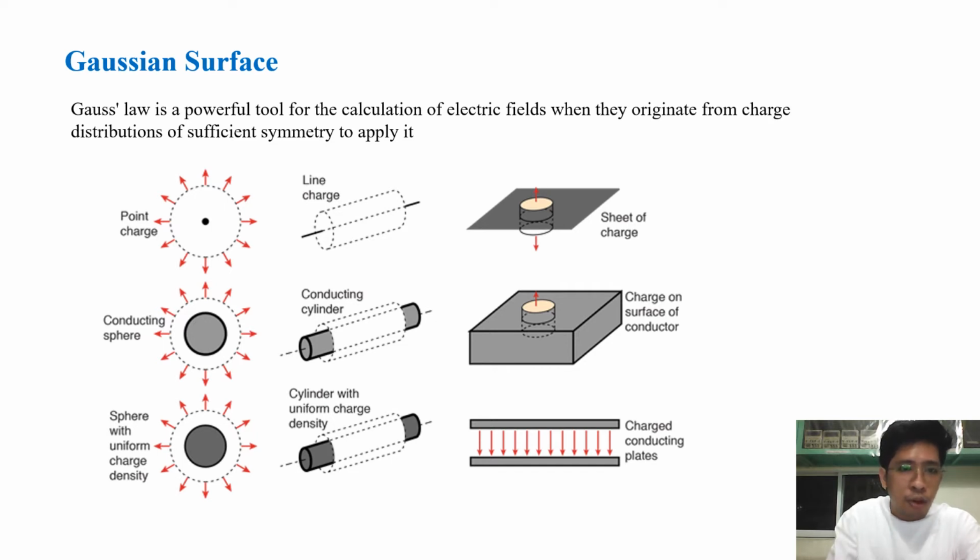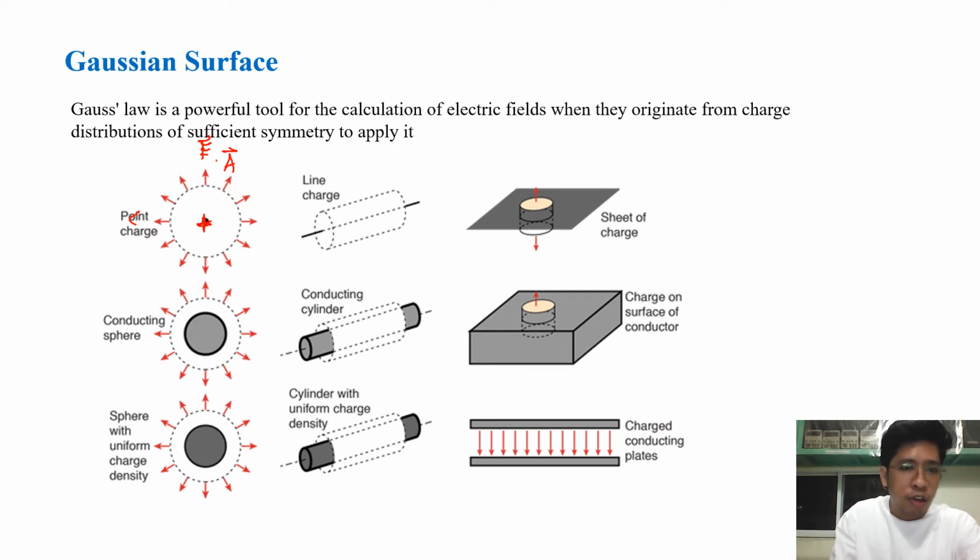Let's say, for example, for a point charge, we use a spherical Gaussian surface, because for a point charge your electric field is radially outward. If we have a spherical Gaussian surface, as you can see here, your electric field is always perpendicular to your vector A. If that is the case, you have the maximum flux.